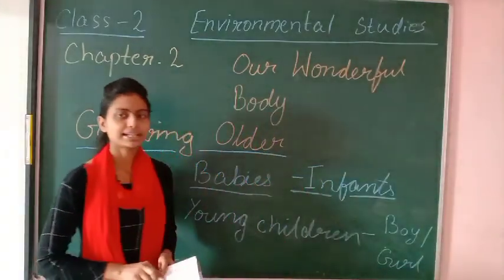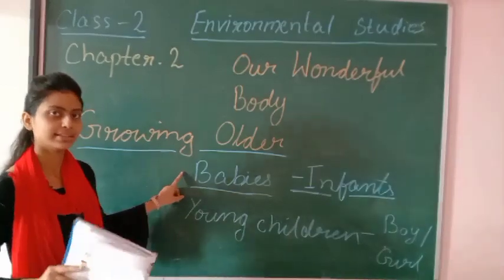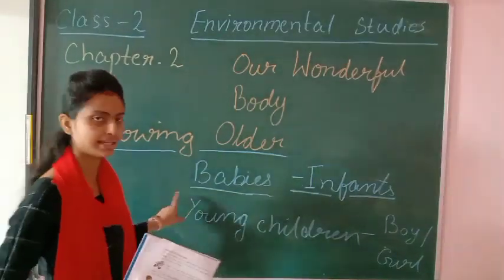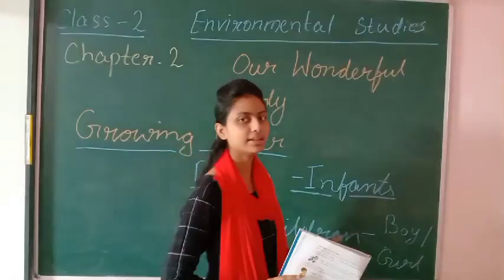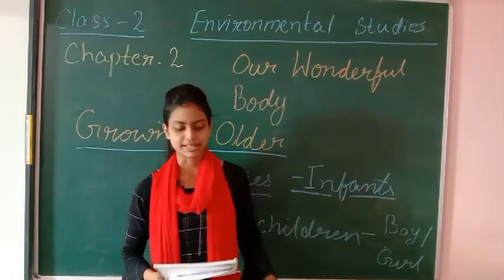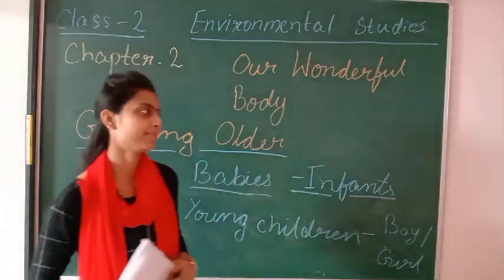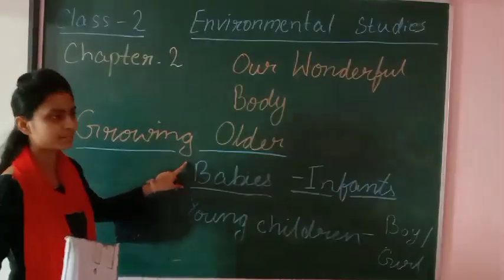First of all we were babies, and gradually as time has passed, we become young children, a boy or a girl. Now young children can do most of their daily activities by themselves, such as eating, playing, talking, cycling, etc. Can babies do cycling?